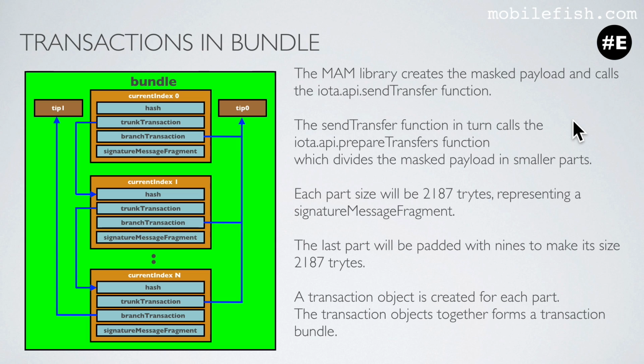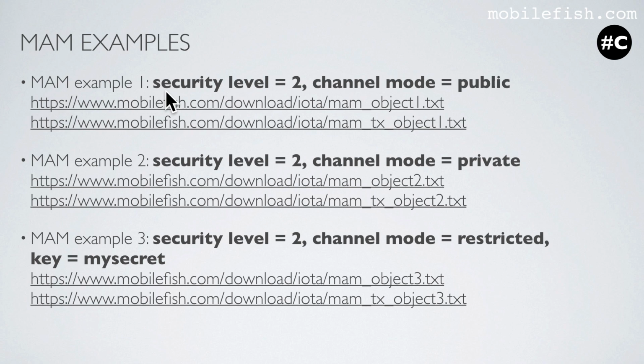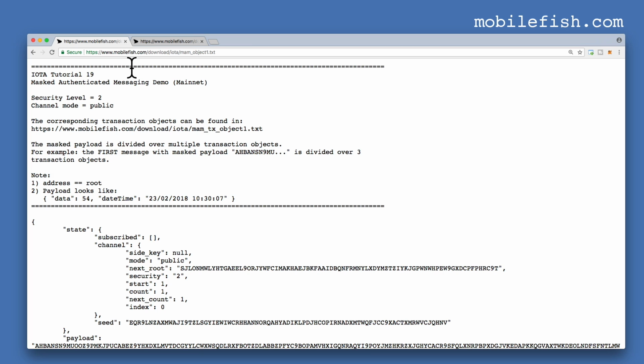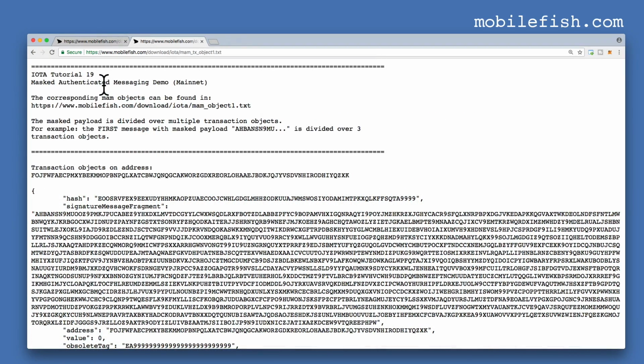A transaction object is created for each part. The transaction objects together form a transaction bundle, as indicated here. If you go to example 1 and open both links, I've opened both links each in a separate tab. This is the MAM object, and this is the corresponding transaction bundle belonging to this MAM object.